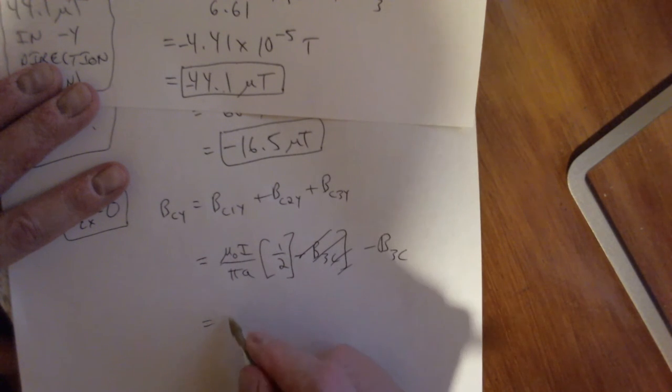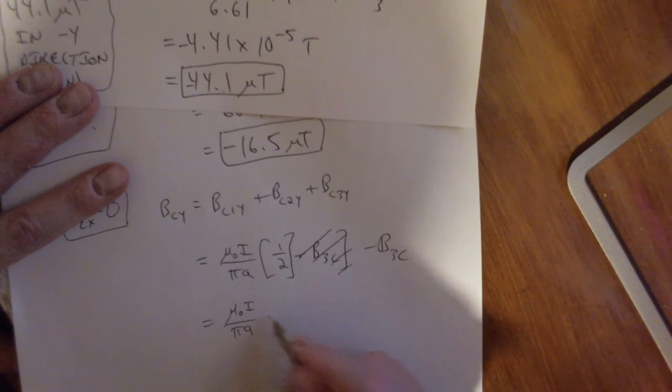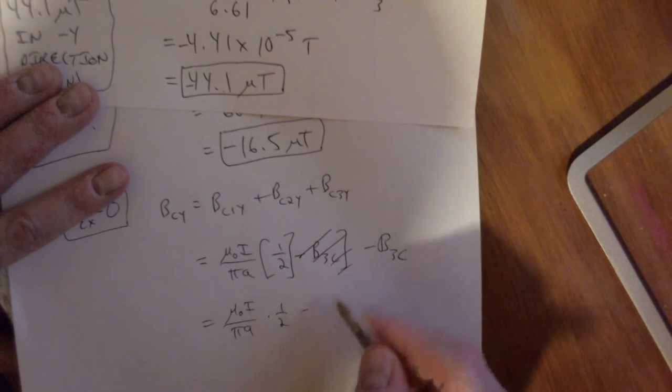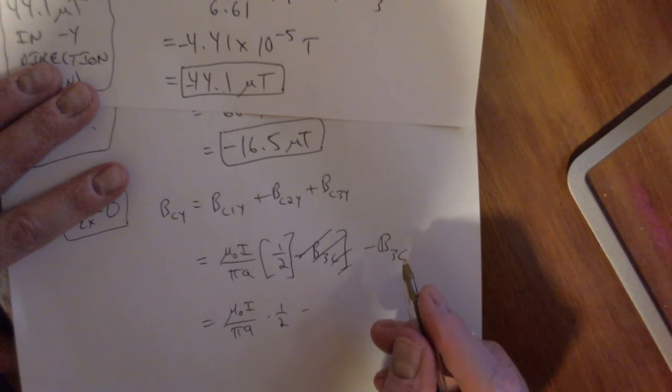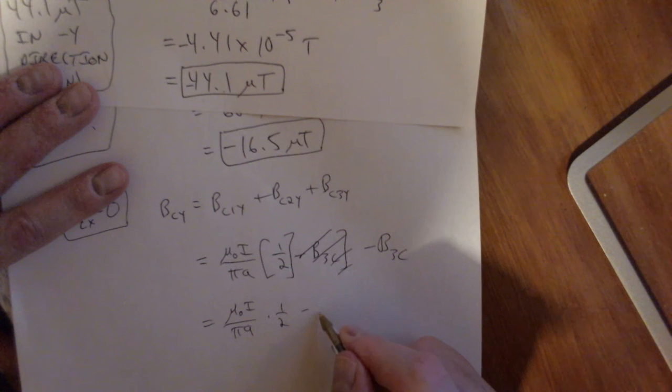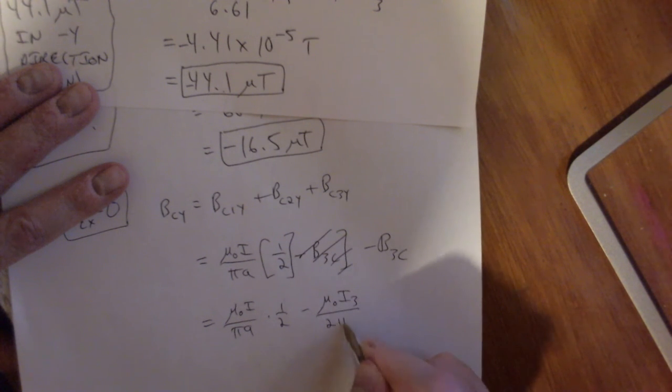So I've got mu sub naught I over pi a times a half minus, remember, the current 3 is a long straight wire, so you use the expression mu sub naught I3 over 2 pi R3.